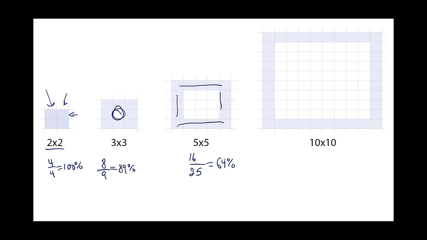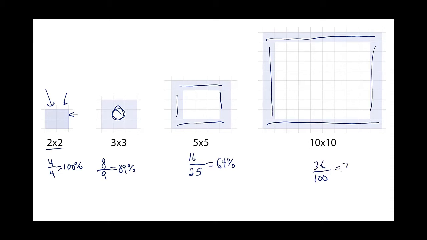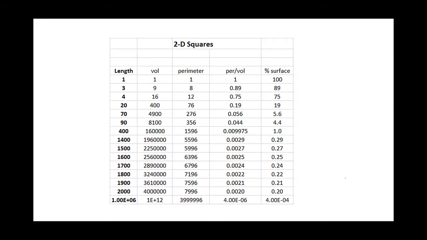And if we have a 10 by 10 box, we have 100 atoms total, and the amount that are on the perimeter and are therefore available is 20, 28, 36, so 36%. So in a 10 by 10 box, only 36% of the atoms are on the outside, and 64% are on the inside and unavailable.